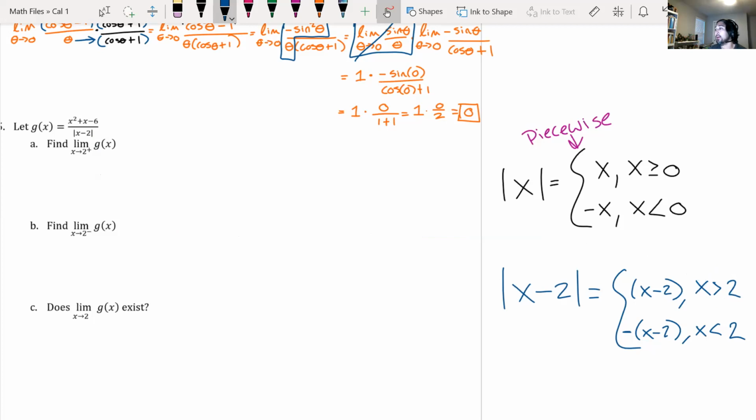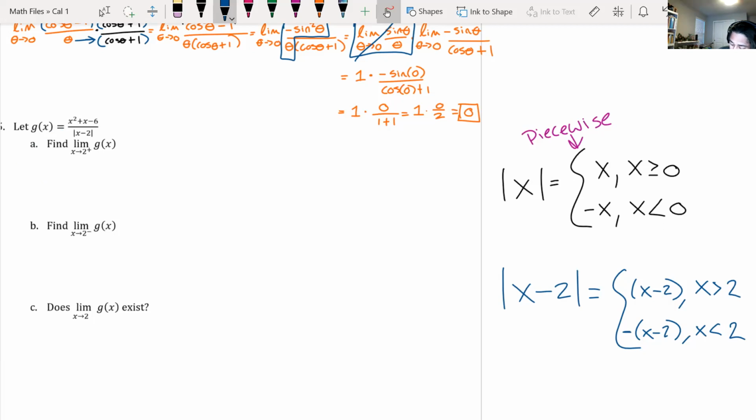Okay. So now we are going to learn how to match limits to a piecewise function. So we have to understand what a left-hand limit and a right-hand limit do, or what is the definition of a left-hand and a right-hand limit. So for the very first question, it says, find the limit of g of x as x approaches 2 from the right side.